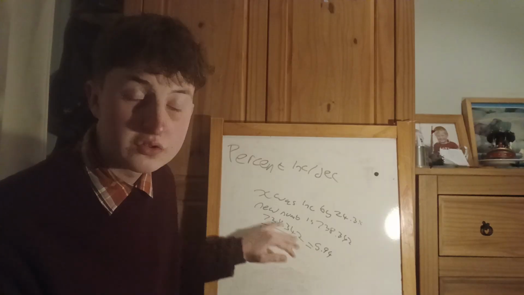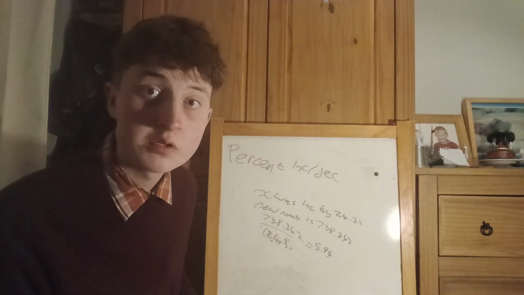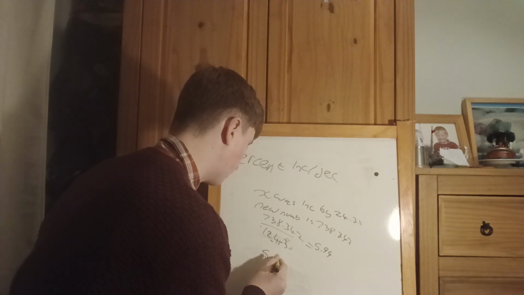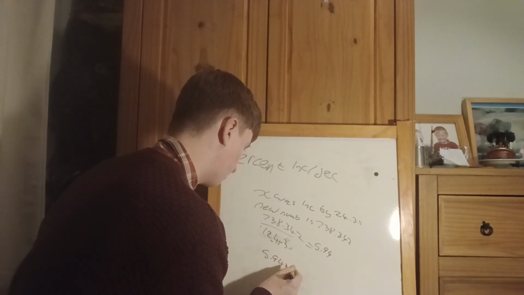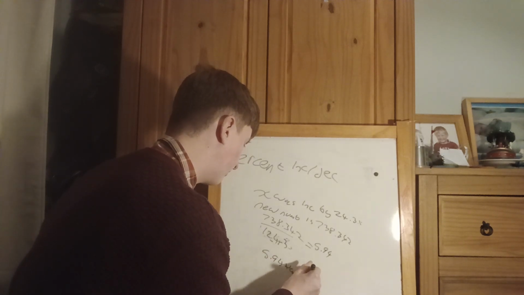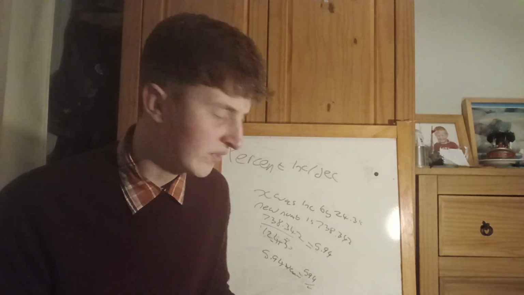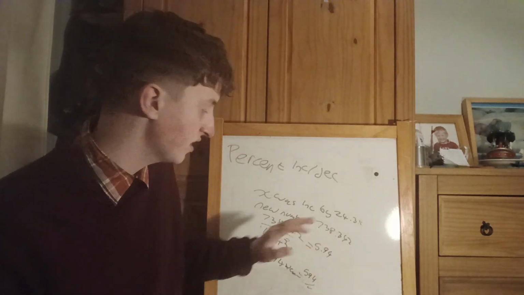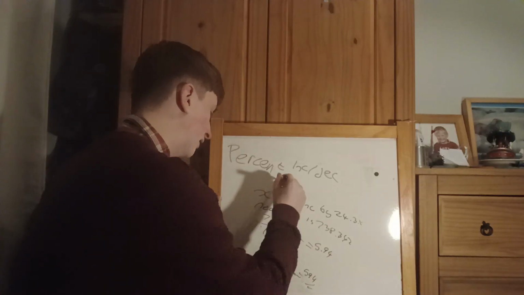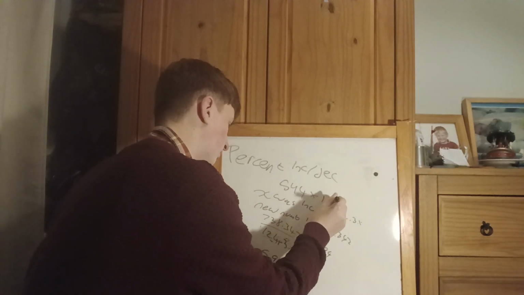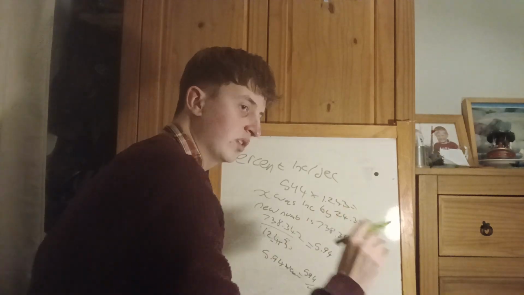So if we've got 1% of x, the way we get back up to x is we times it by 100. So we do 5.94 times 100, which gives us 594. In order to check this, we can do 594 times 1.243.